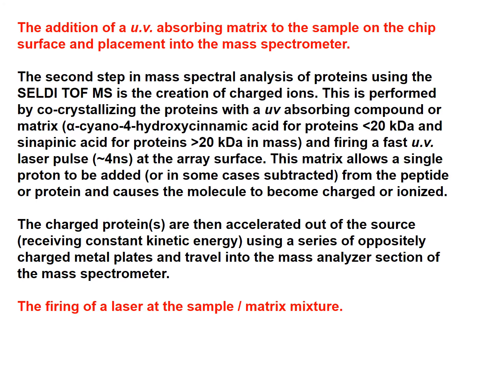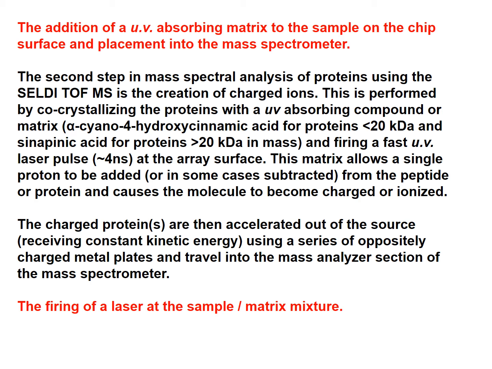So the UV absorbing matrix is also on the chip, and you hit those, make the charged ions, right? You got a charge mass ratio. And here's the chemical, not that you have to memorize that. And you hit with a UV laser pulse, 4 nanoseconds.